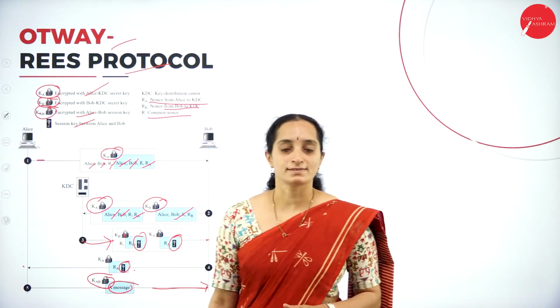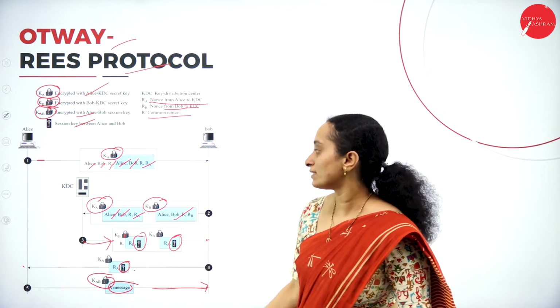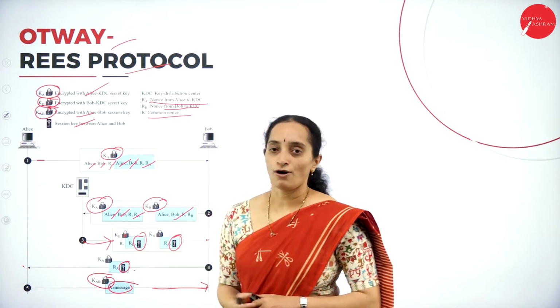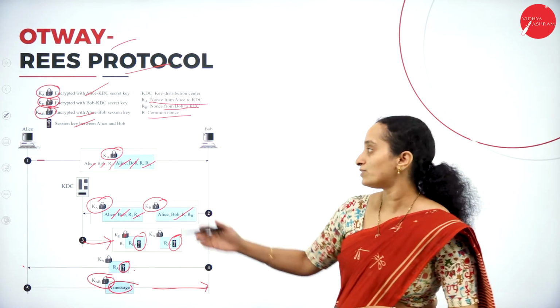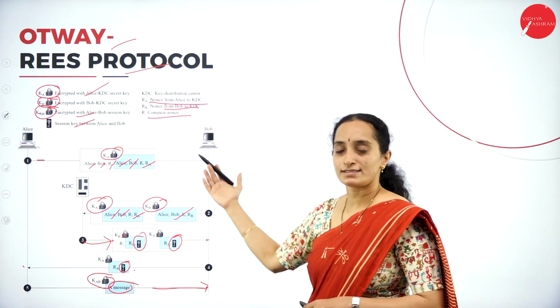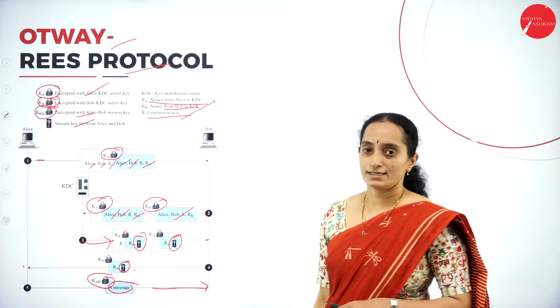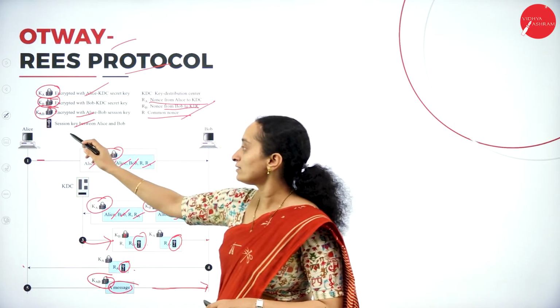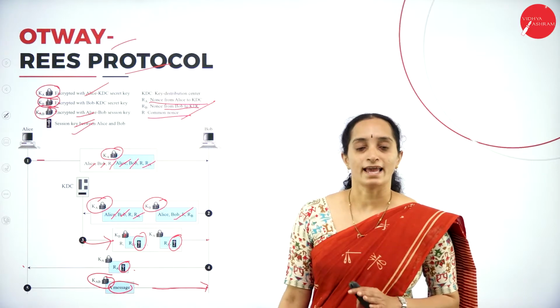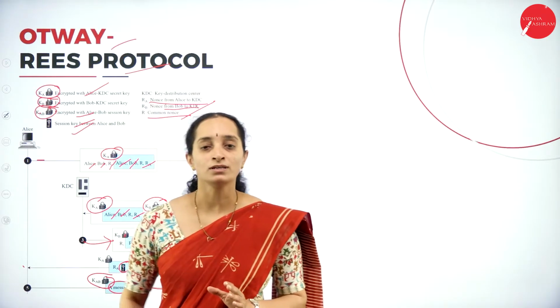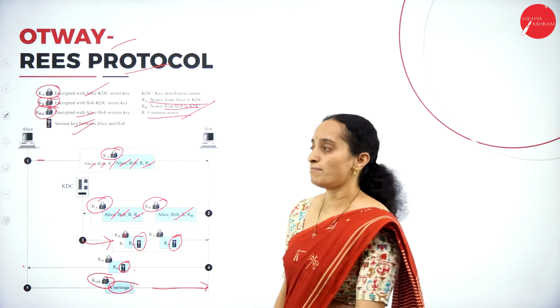So Bob receives the message using the KDC and the sender. Okay, this is the Otway-Rees protocol which uses the sender, receiver, KDC and a ticket and 3 sets of nonces, a session key and the encrypted secret keys. Okay, this is about the normal key management.